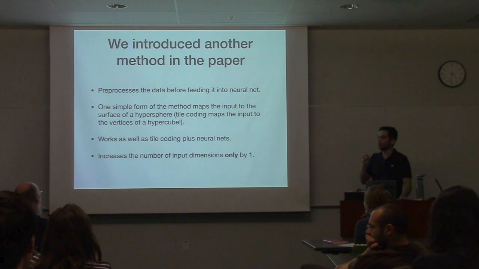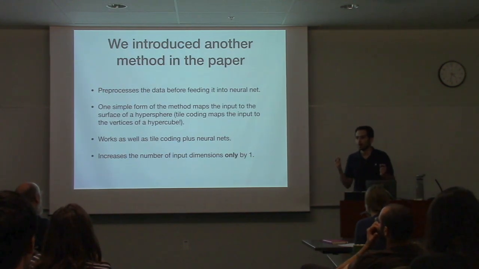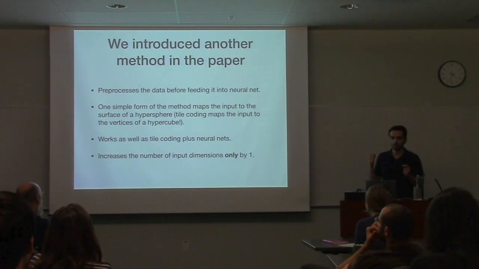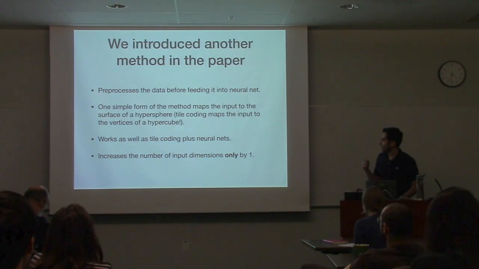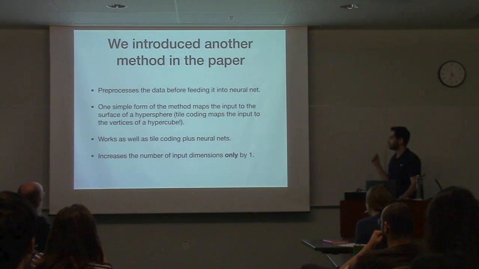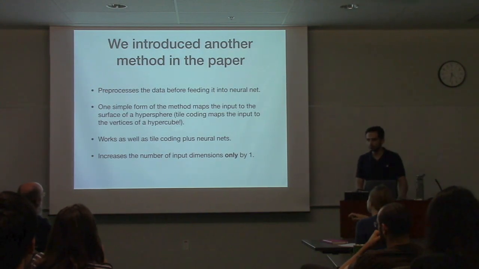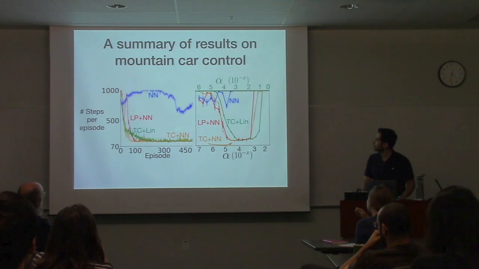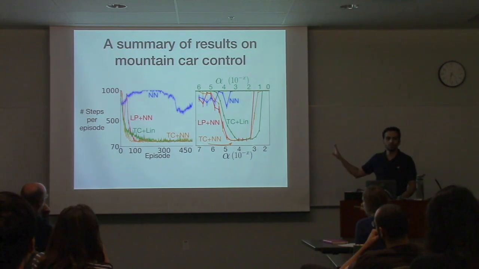And just remember that tile coding also is mapping the input to the vertices of a hypercube in a really high dimensional space. The good thing about this method is that it increases the number of input dimensions only by 1. I'm not going to go through this in detail. I just want to give you a sense of the other method.